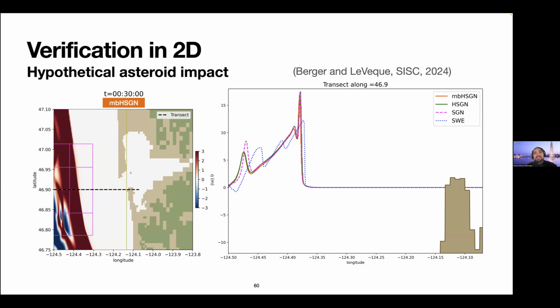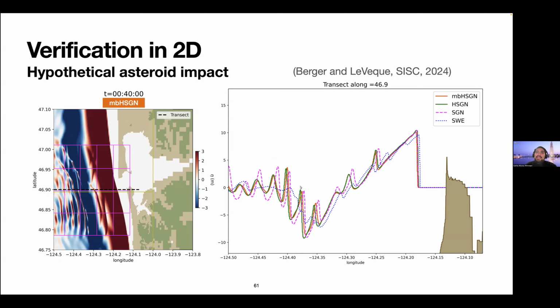And here you have a close-up near Westport with a transect at the right. And you can see that the hyperbolic models, again, at least for the leading wave, match pretty closely. But for this particular example, the trailing waves for the hyperbolic models are close to each other, but not that close to SGN. Still, I will say that both of them are closer to SGN than the shallow water equations.